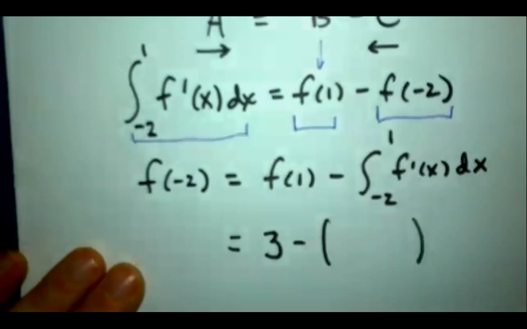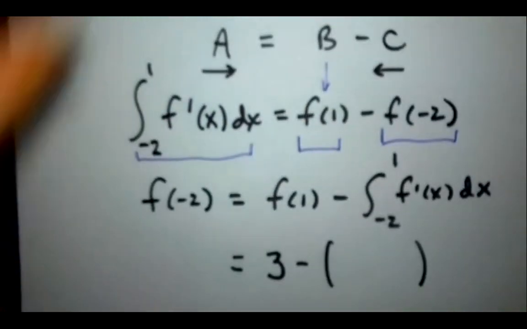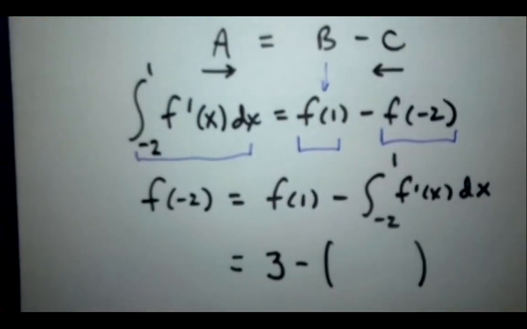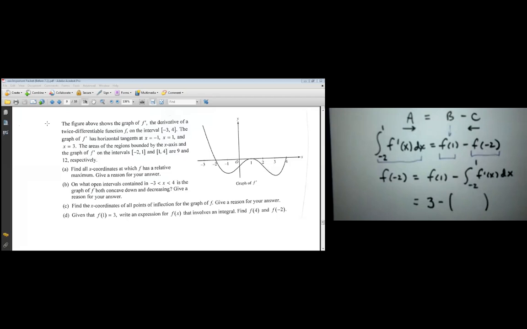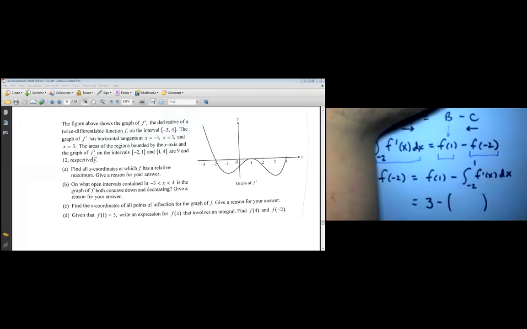Okay. So it's going to give us the same answer anyway. Let's see. I've got to go back. There's definitely different ways to get this. I'm just showing you my way. So the next thing we want is this integral from -2 to 1. And they tell me from -2 to 1, it's 9.